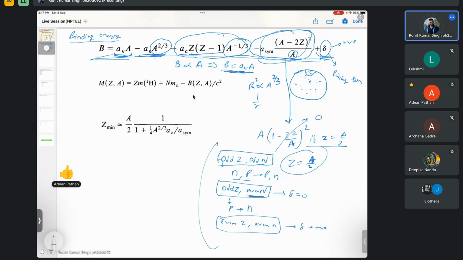Okay, thank you. So yeah, with this binding energy formula, we can write the semi-empirical mass formula. Sorry for my handwriting.